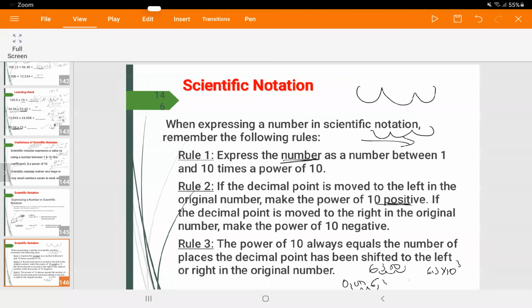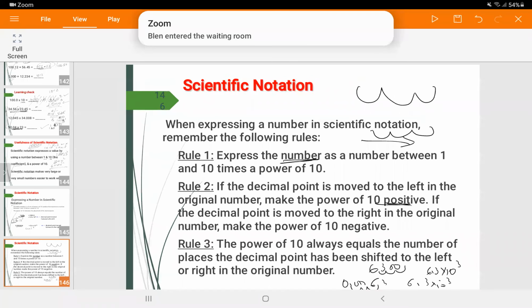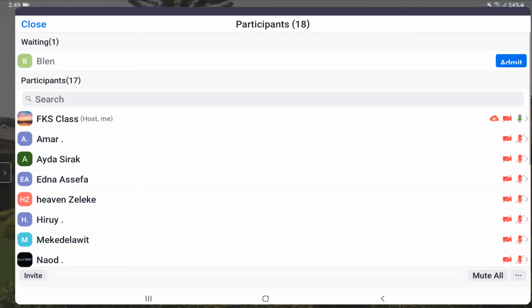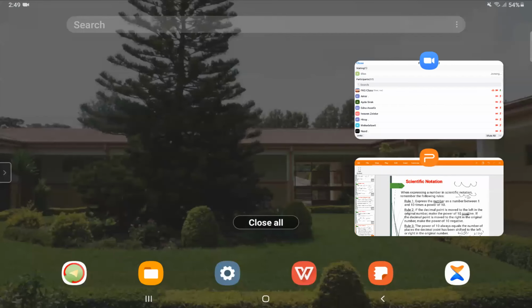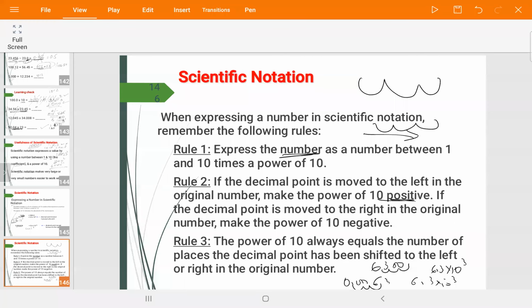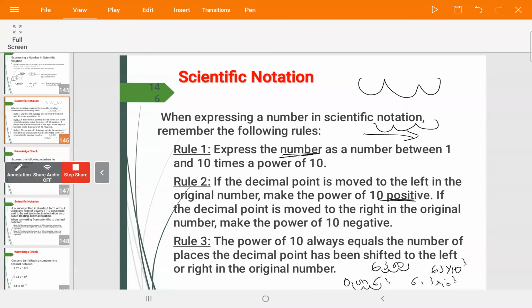So you can express a very large or very small number using scientific notation in this way. This is very elementary.